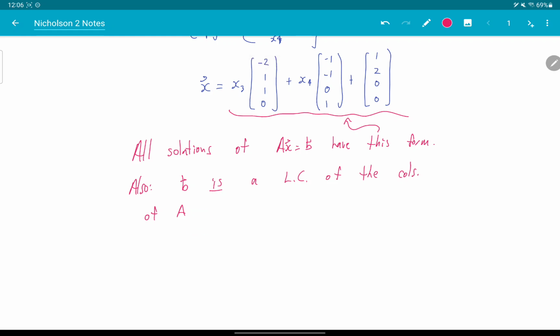And let's say a little bit more. So B is a linear combination of the columns of A for any choice.